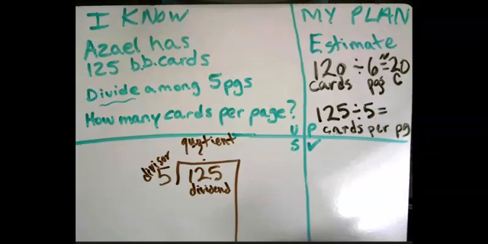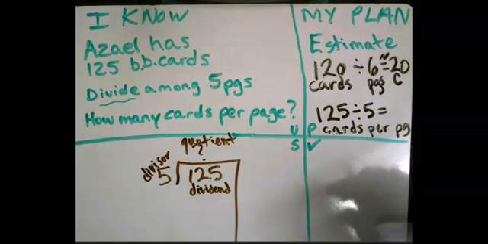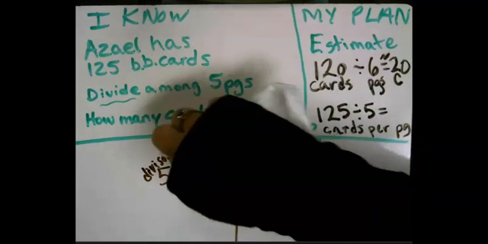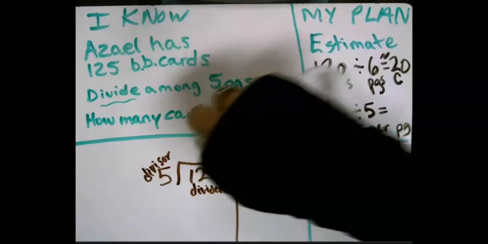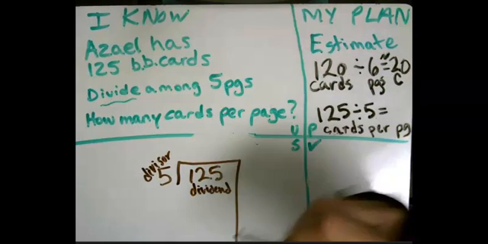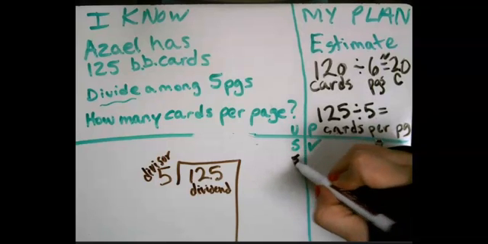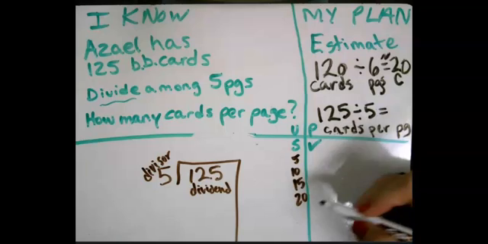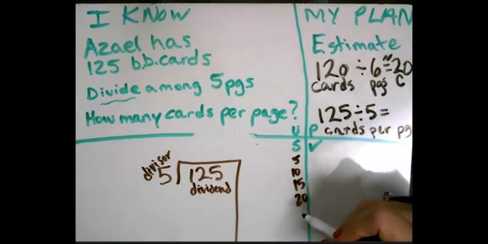All right, so let's go ahead and think of an easy multiple of 5 that I can take away from 125. If you don't have them memorized, you can write your multiples of 5 over to the side, and that will help you.